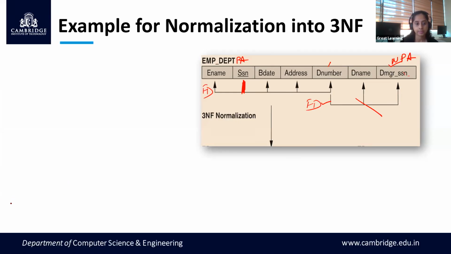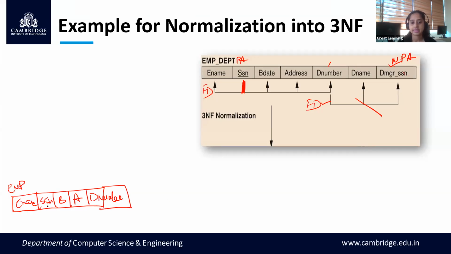Fine. When I break this FD, how will I get it? Let me make it as an employee table: E name, SSN, birth date, address, D number, and SSN is the primary key. What is my new table? The department table. What will be the primary key?